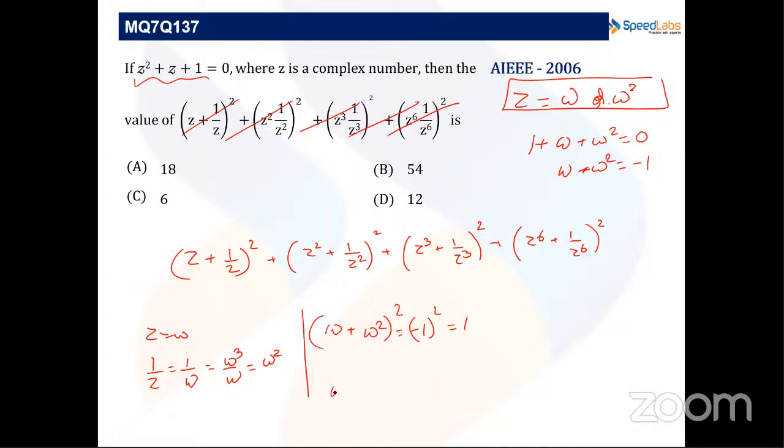Now z square will be omega square and omega square whole square will be omega, because omega to the power 4 we can write as omega cube into omega, that will give us omega only. This is again minus 1 square. Now omega cube, we know that it is 1, so it is 1 plus 1.